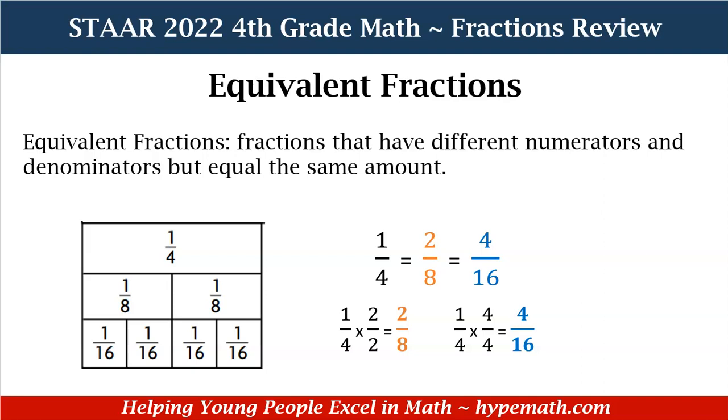For 1/4, also we multiplied 4 in the numerator and in the denominator. And when we multiply our numerators going across, 1 times 4 is equal to 4, and 4 times 4 is equal to 16. And that is how 4/16 is an equivalent fraction of 1/4. Whenever finding equivalent fractions, make sure that you multiply or divide the numerator and denominator by the same number.